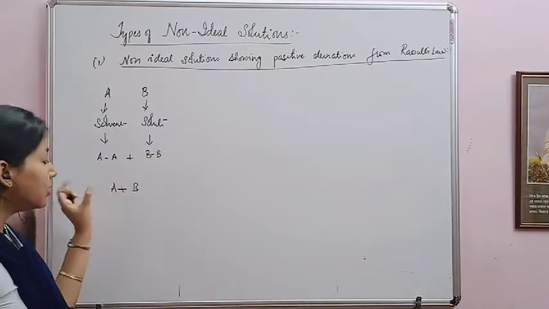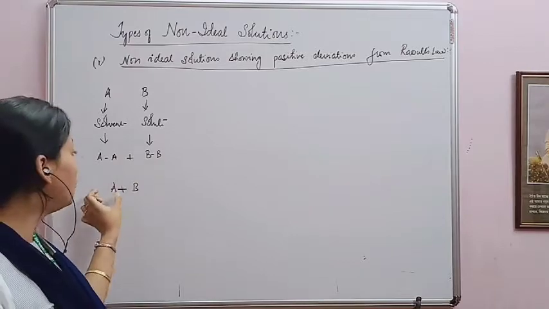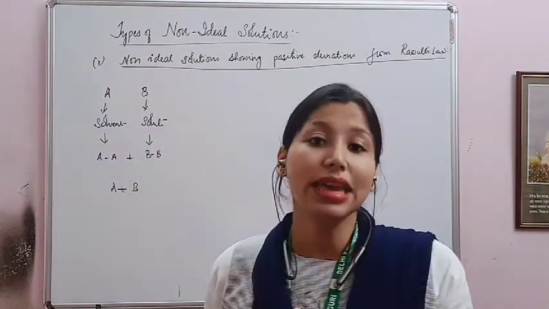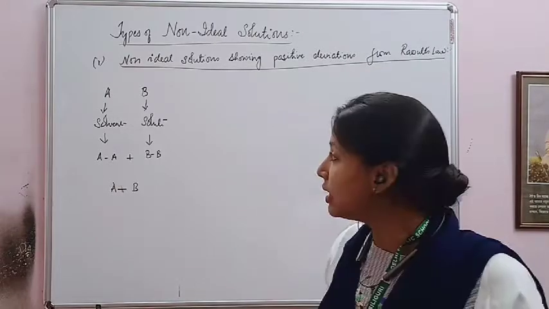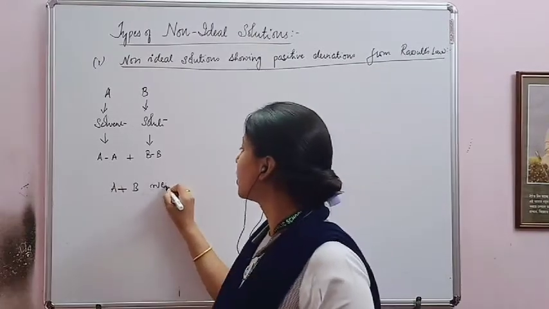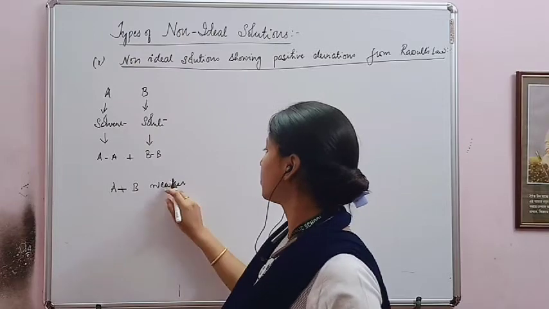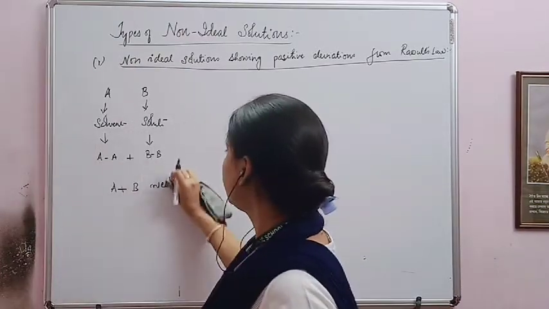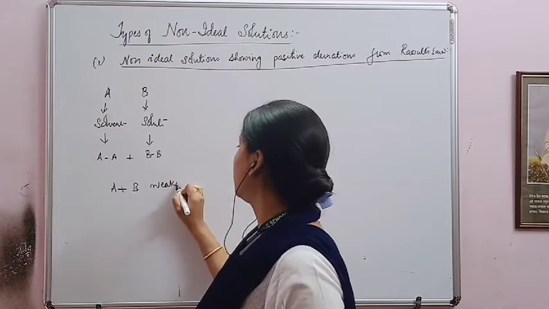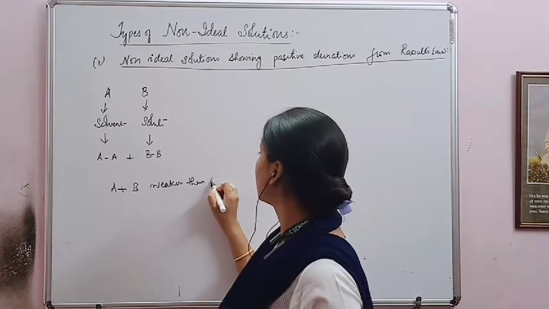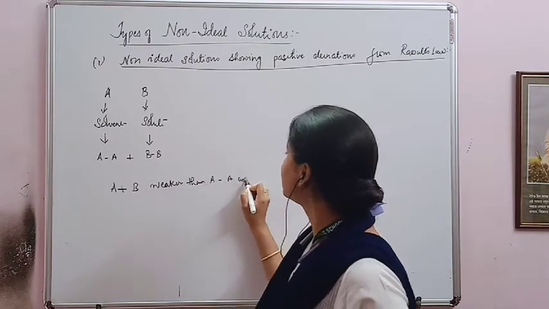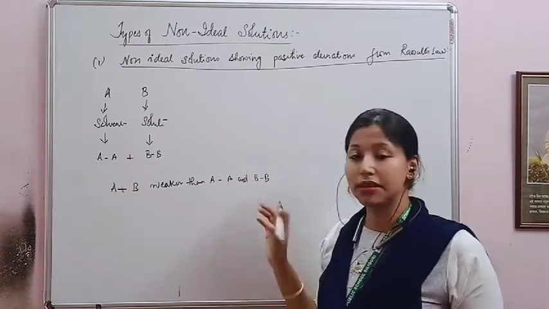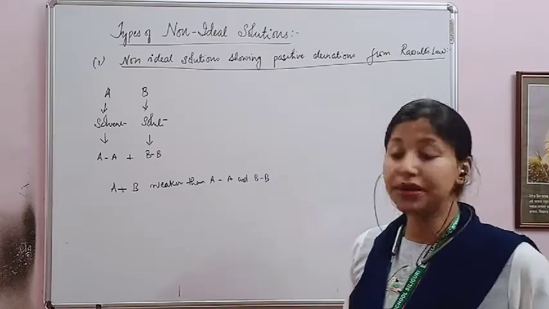If the interaction of these molecules, that is A and B molecules, is weaker than AA and BB, in that case, what will happen?